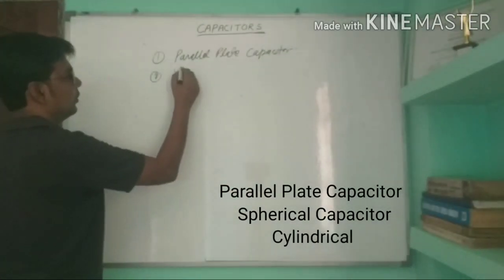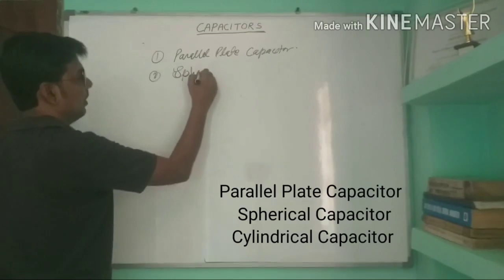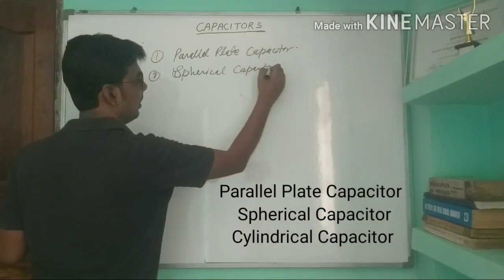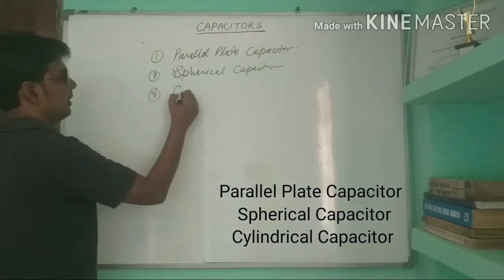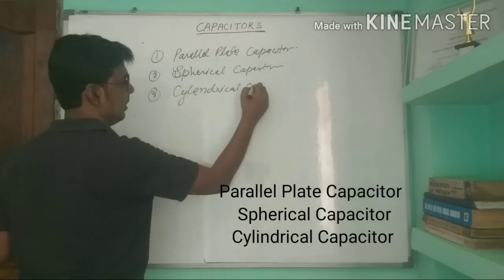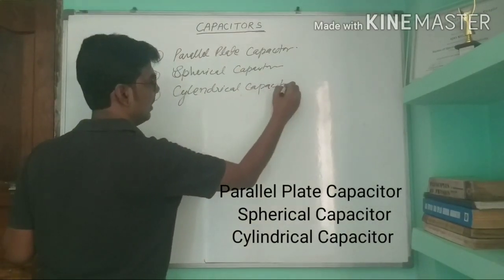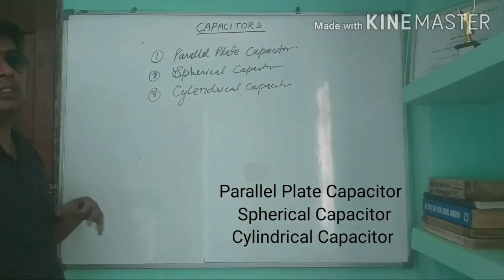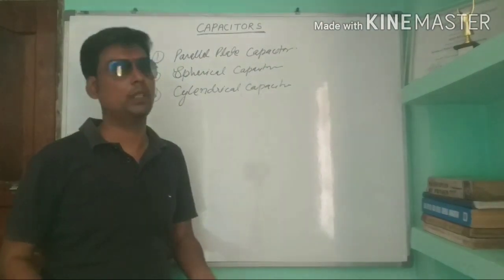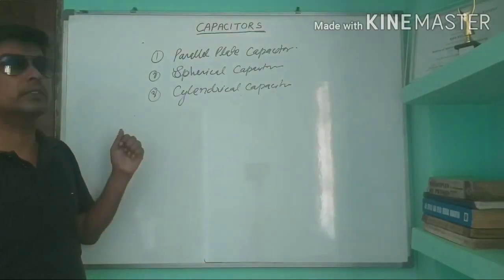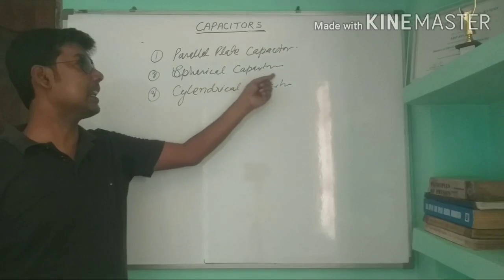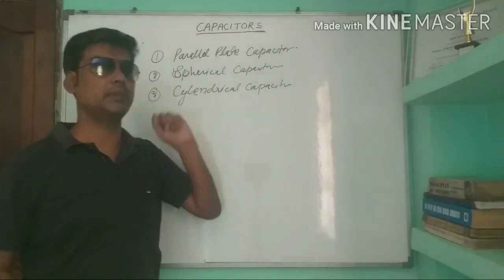Number 2, the spherical capacitor, and number 3, the cylindrical capacitor. Depending upon the shape, there are three types of capacitor in use: a parallel plate capacitor, a spherical capacitor, and a cylindrical capacitor.